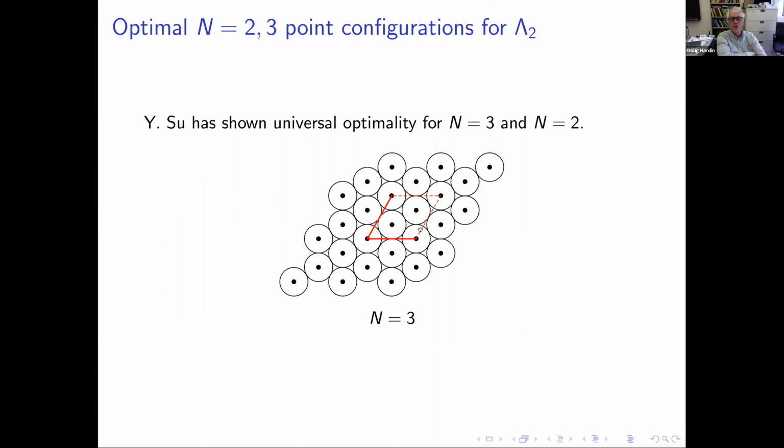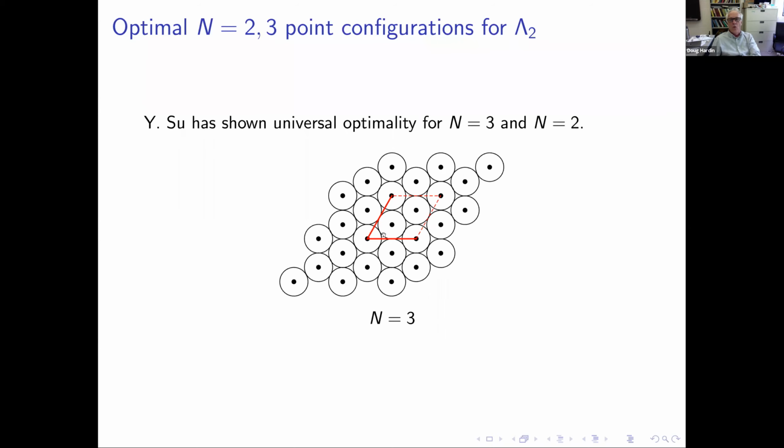We do have a few results. So Eugen Su in his thesis of, I think, 2016 showed universal optimality for n equals 3 and n equals 2 for the hexagonal lattice.